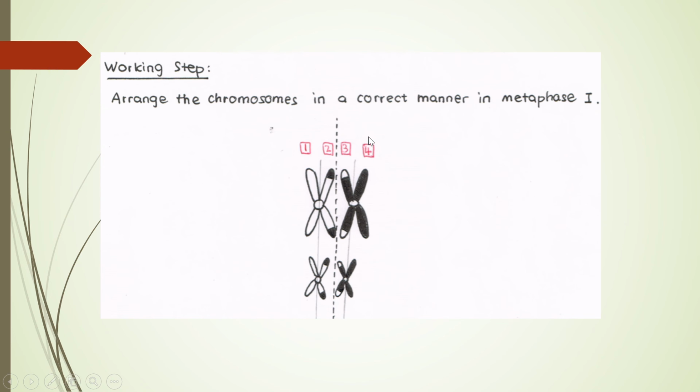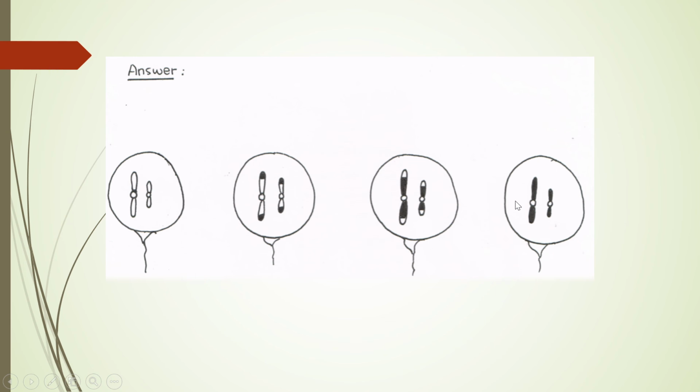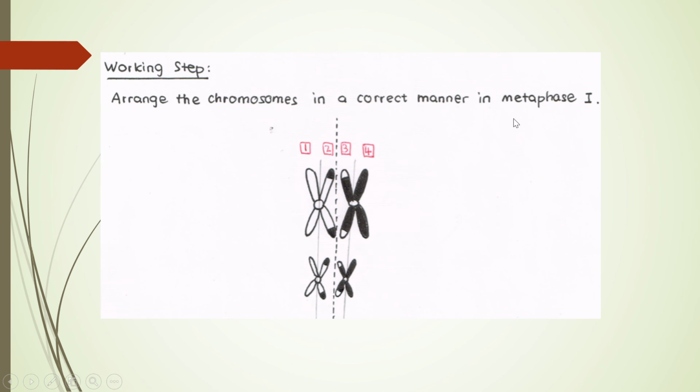So if until this point you still don't know how you get the answers for this, then you have to work out your anaphase 1 and your telophase 1 for you to see it clearly.